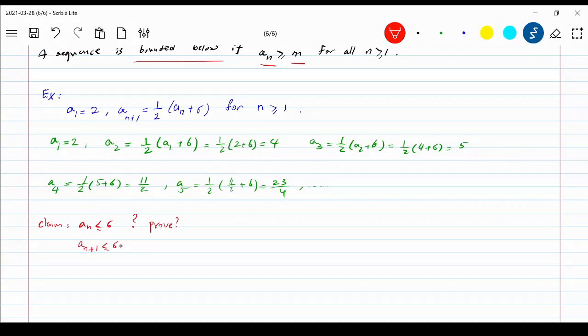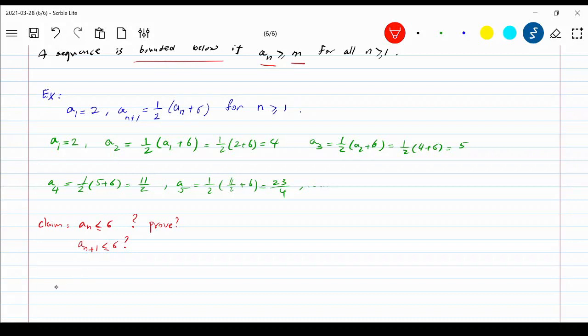Is that going to be less than 6 as well? Because if I can show that, then I can say for every n this is true. If I start with a number less than 6 and continuously apply this recurrence relation, but I prove that at every step I still have a number less than 6.